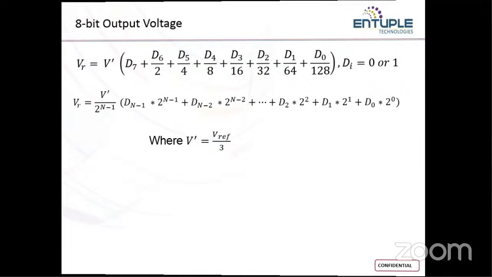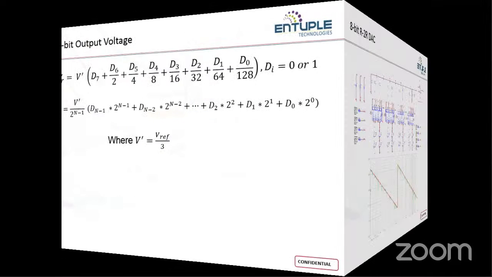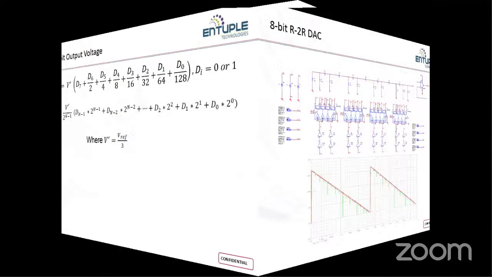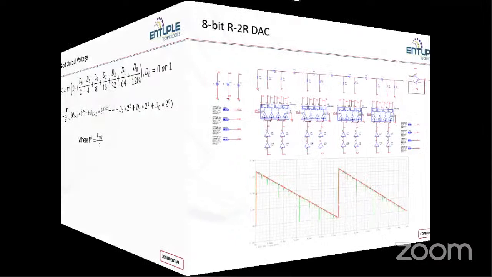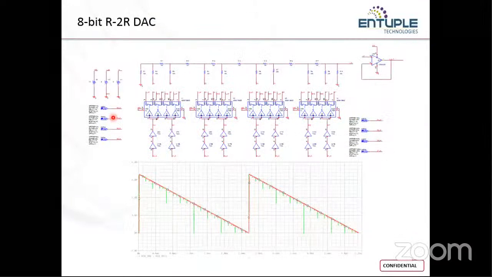And this is how we have designed the blocks. This is for a digital to analog converter, 8-bit DAC. We have made use of switches over here, and in order to avoid glitches at the input, we have included a buffer. And here we have the supply voltages.